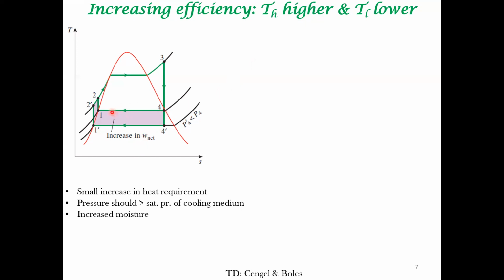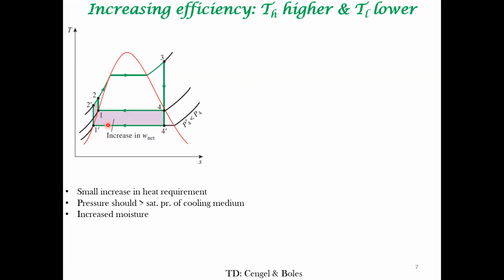Instead of rejecting heat at this temperature, you are rejecting heat at this temperature. So because of this, you end up at this state point. There is a small increase in the heat requirement for you to reach H3, okay? But that is rather a small increase. So that's not a big disadvantage with this approach.